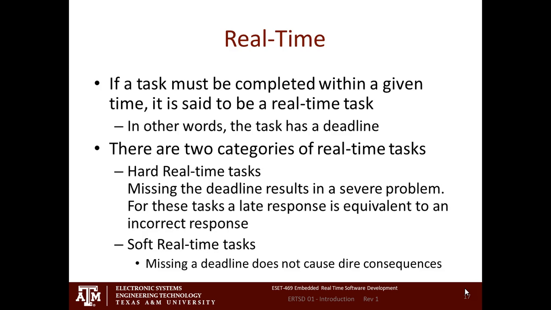So that's the difference between a hard real-time task and a soft real-time task. A hard real-time task is something where, when you fail to meet the timing requirement, really severe bad things happen. A soft real-time task is one where, when you fail to meet the deadline, it's not good. People are going to be annoyed, but we're all going to live to tell about it.